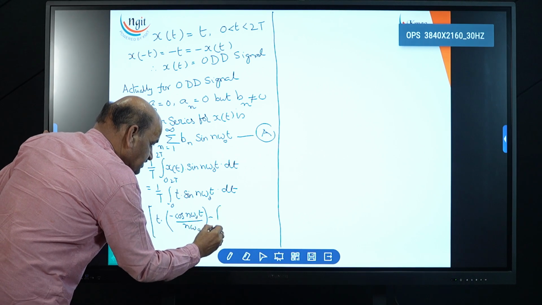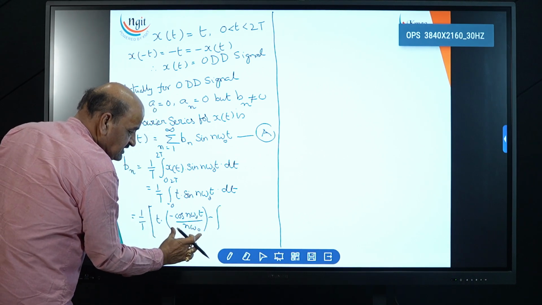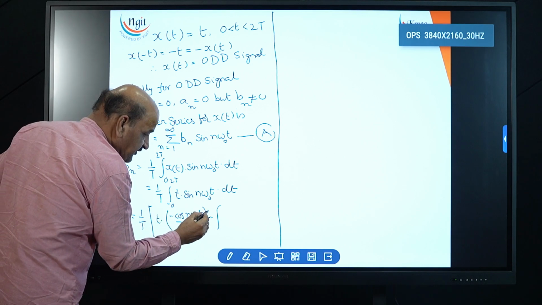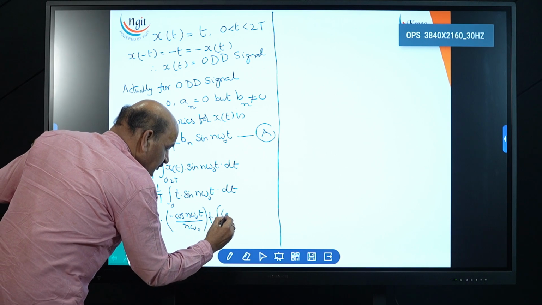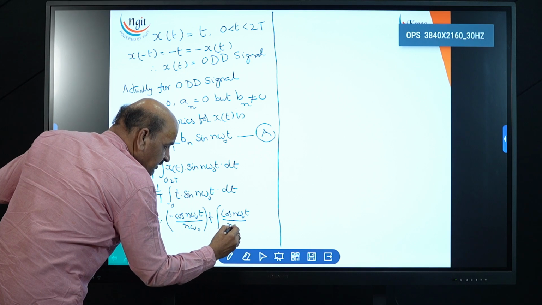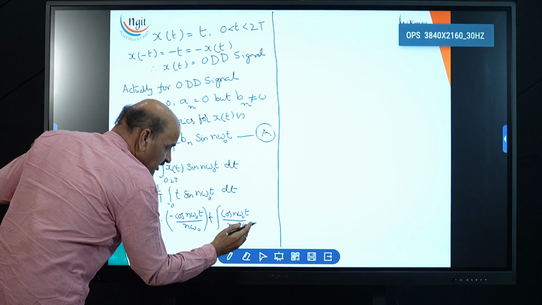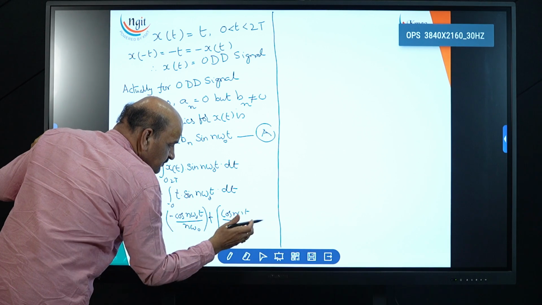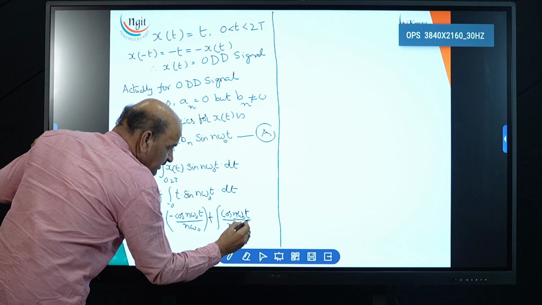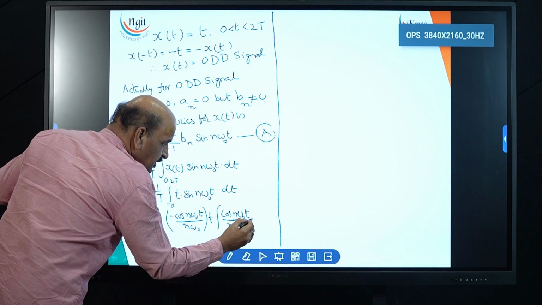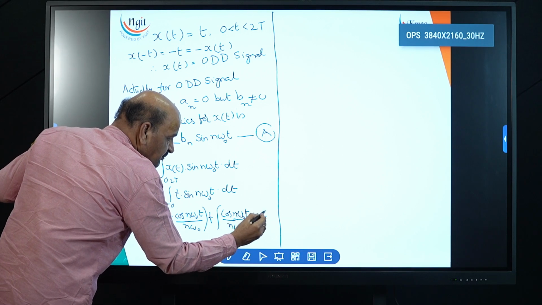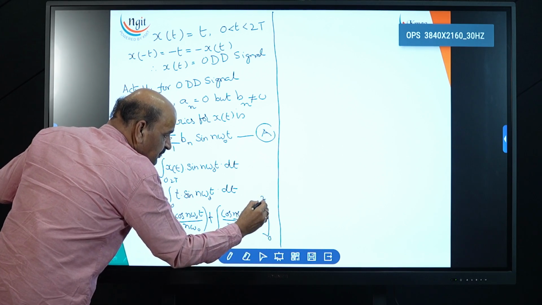Minus integral, take the other part as it is. In this part it is minus, and this minus will be multiplying with minus, giving plus. Therefore, we will get cos n omega naught t by n omega naught, into the differentiation of t, which is 1, with respect to dt, between the limits 0 to 2T.